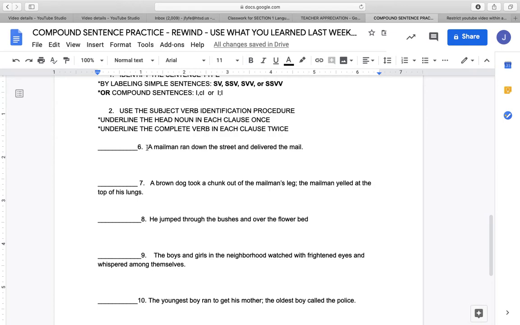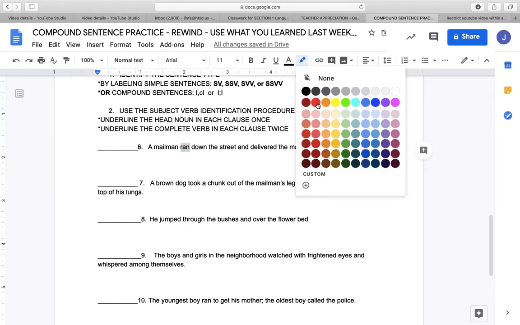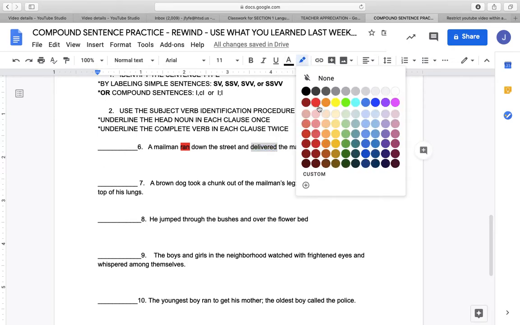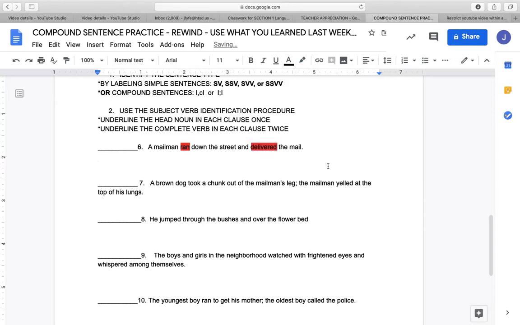So for example, right here, sentence number 6, there's no comma and no semicolon. So as long as it's an independent clause, it's a simple sentence. A mailman ran down the street and delivered the mail. Well, what happened? He ran, and I'm going to use the highlighter up here instead of sending it to Notability because I'm on my computer. And he also delivered. There are no helping verbs in this sentence, which makes it a little easier to identify.